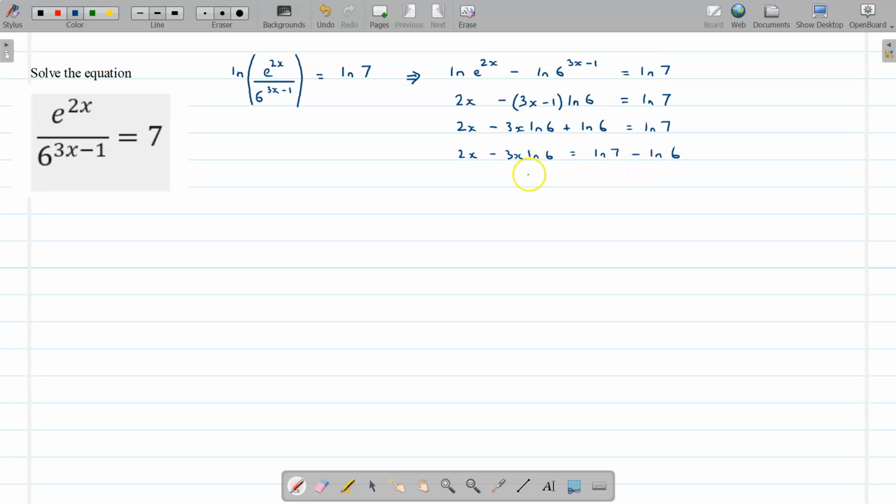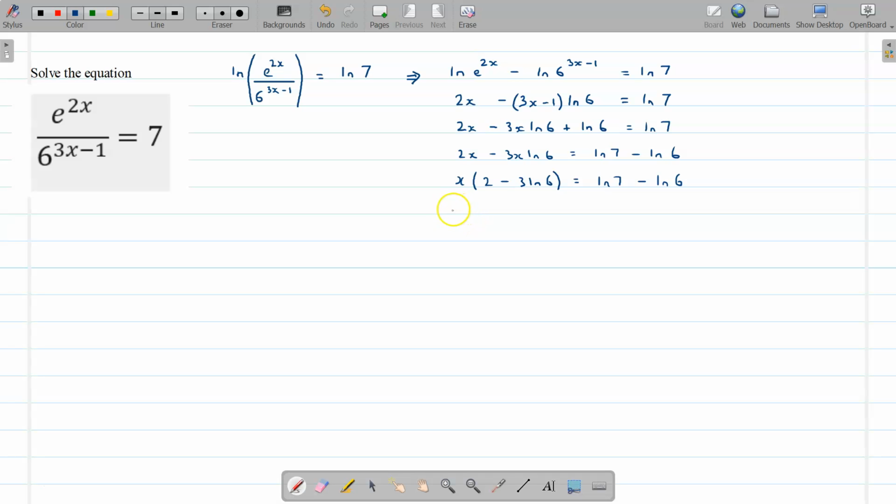If I now factorize out the x from the left, then I have x times 2 minus 3 log 6, which is equal to log 7 minus log 6.